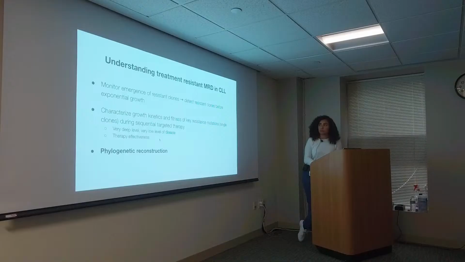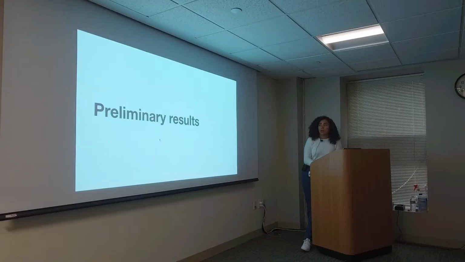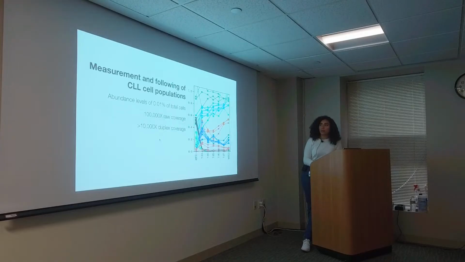that we saw before. So, some preliminary results that my lab has done before. This is the measurement and follow-up of the CLL populations of one patient. On the y-axis here we have each time point, and then each color is a different clone in the patient.